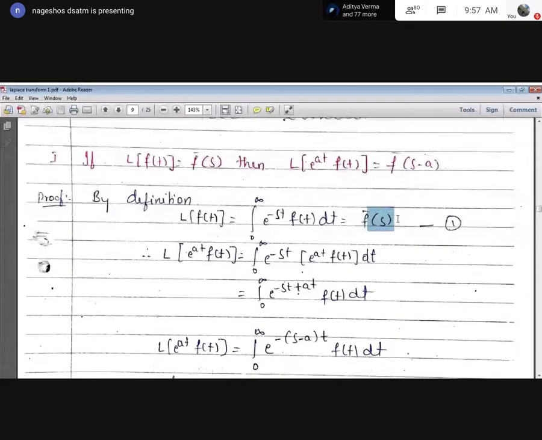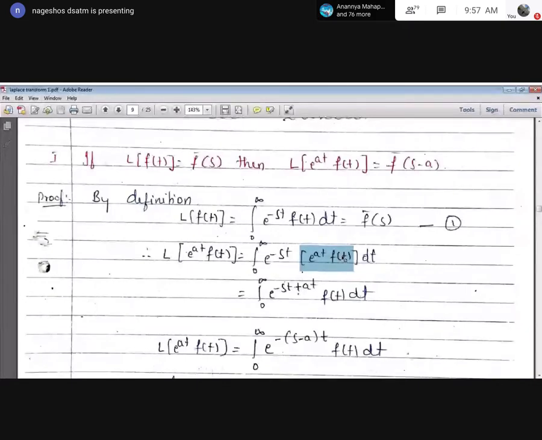Let this be 1. Then for e power at f of t, in place of f of t, take e power at f of t.